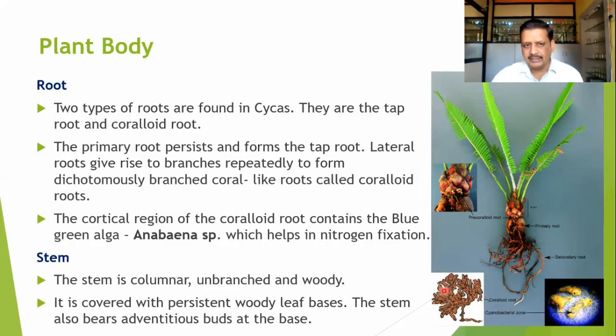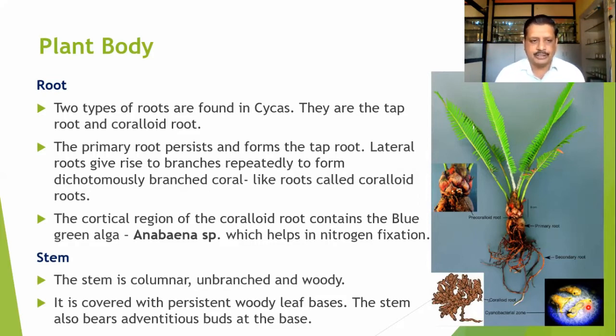Here you can observe the dichotomously branched coral-like roots, and because of that they are known as coralloid roots. In the cortical region of the coralloid roots we can find the blue-green alga Anabaena species, which helps in nitrogen fixation for the plant.